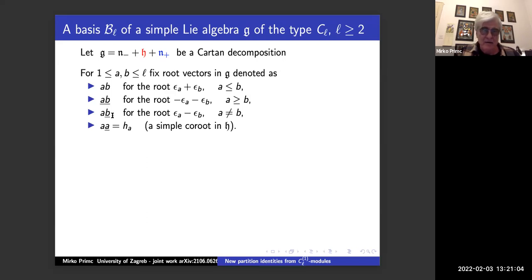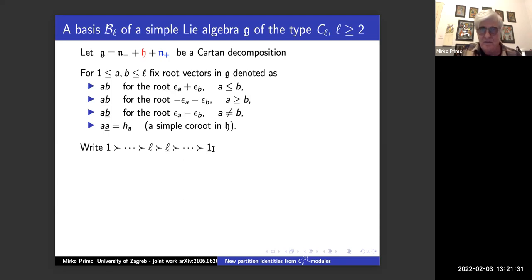So A underline B is for the root epsilon A minus epsilon B, and A will denote a simple co-root HA. Now we write that 1 comes before 2 and so on, and L comes before L underline, and this comes before 1 underline.